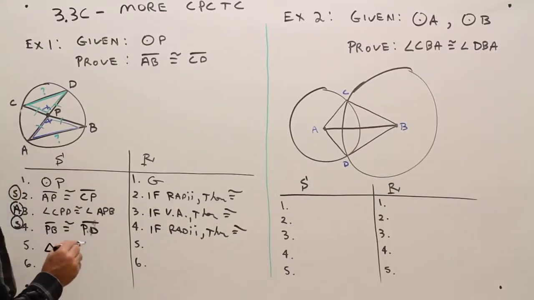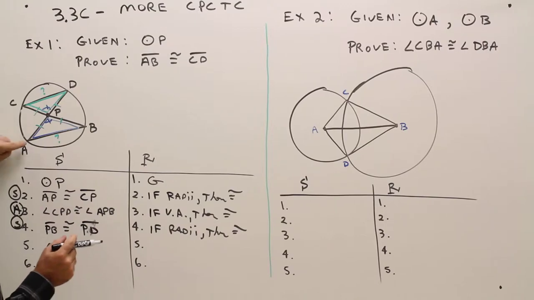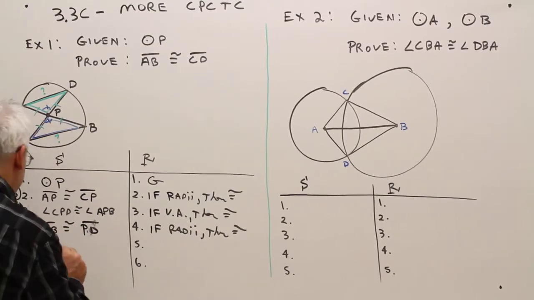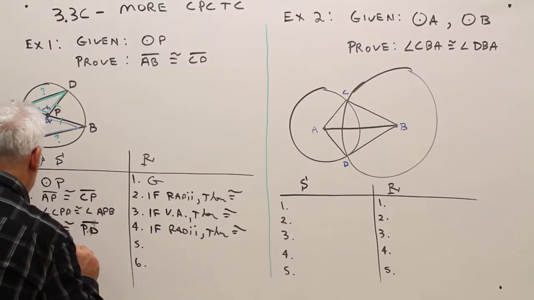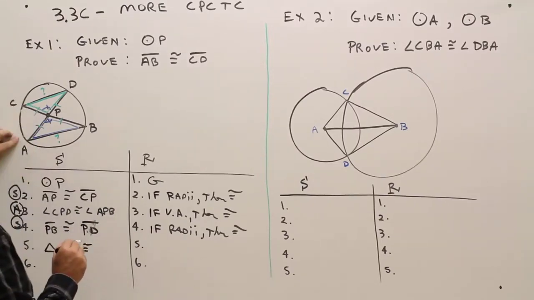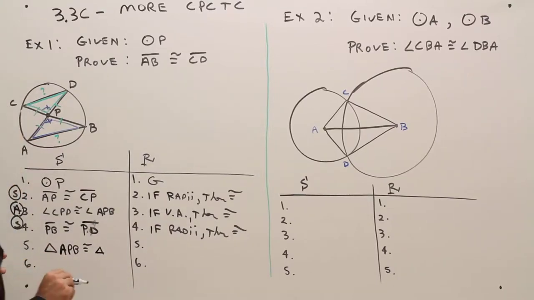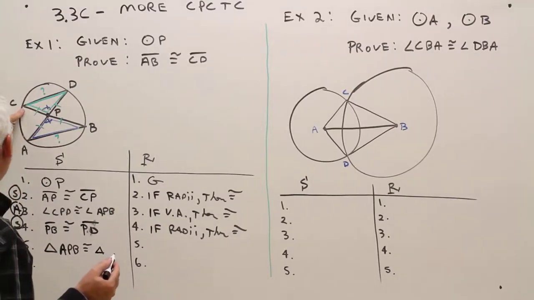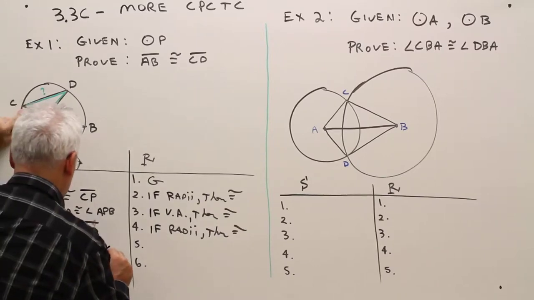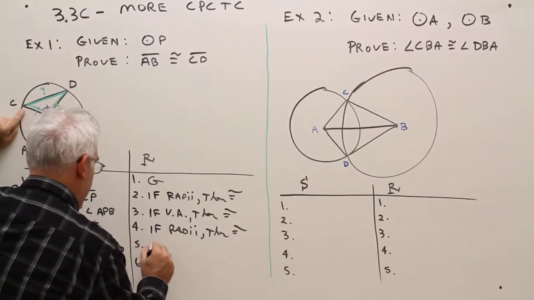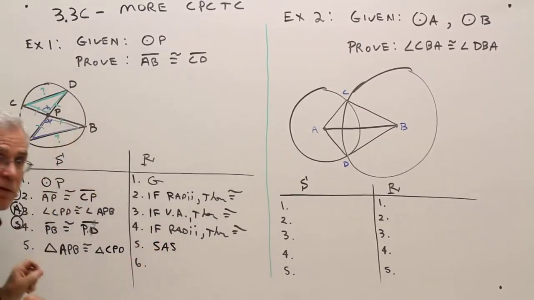So triangle, I guess I could call this APB, is congruent to triangle. So once I call it APB, I've got to match it up. Whatever, I'll go CPD. And that would be by SAS.